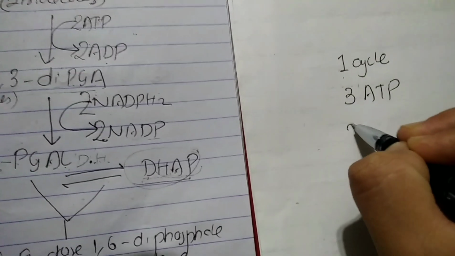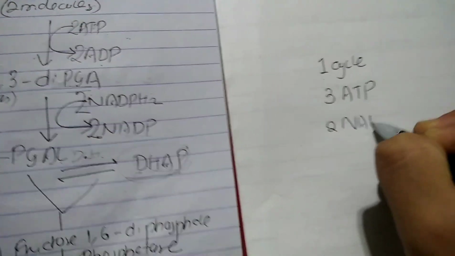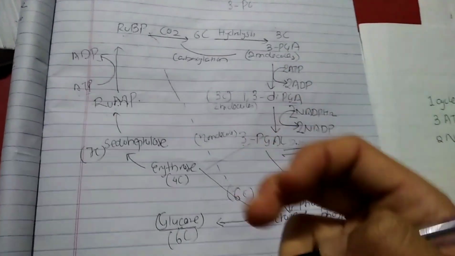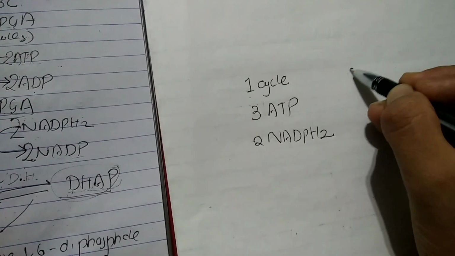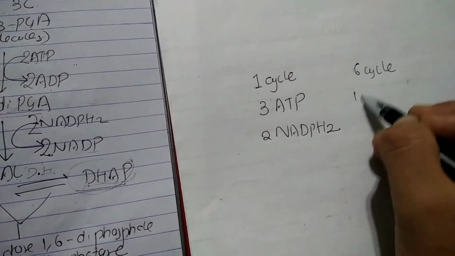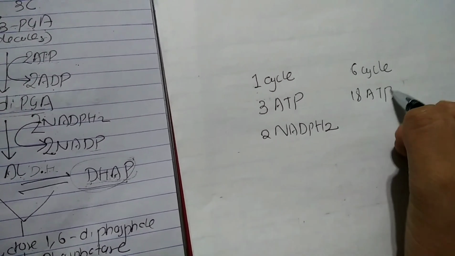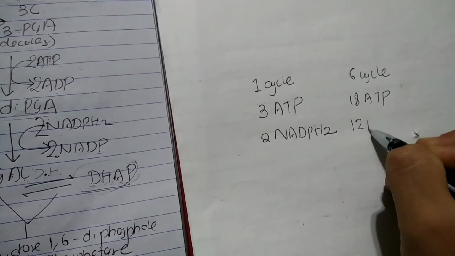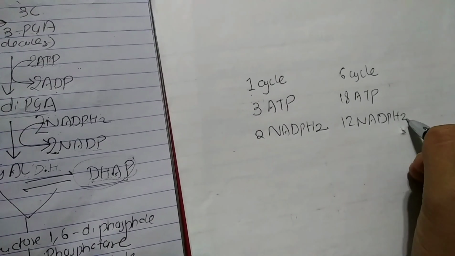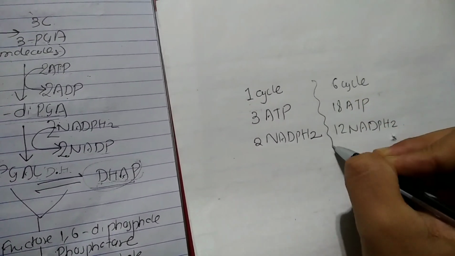So for one cycle 2 NADPH2 are required. So for the formation of one glucose, that means for 6 cycles, we need 6 into 3, 18 ATP molecules, and 6 into 2, 12 NADPH2, and this is what Calvin has found.